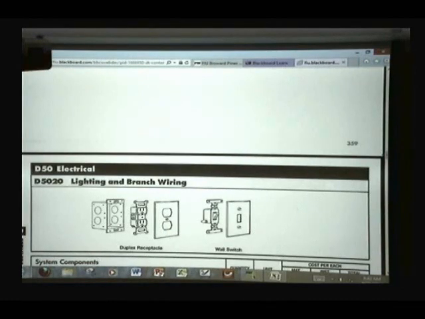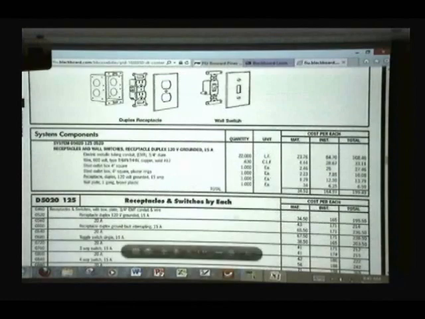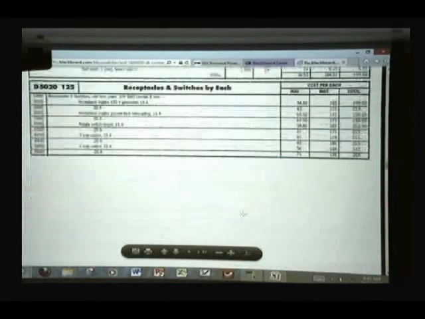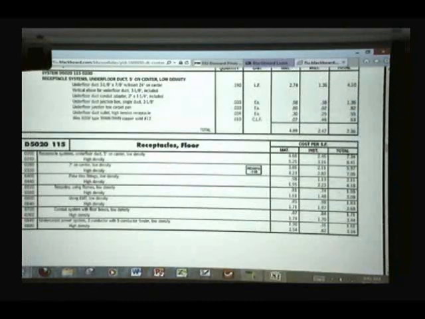How much more do you think it will cost to install a GFI rather than a regular one? Same, right? So we'll use the same cost of labor, but we'll use the material cost that we get for the GFI. Well, this is cost per square feet in here, so that's going to be a little more tricky.